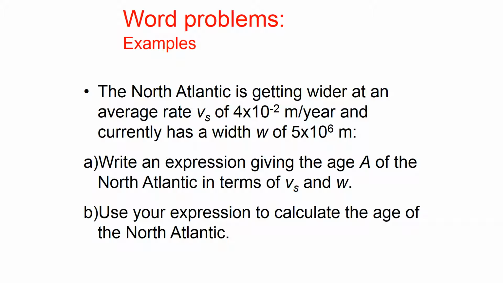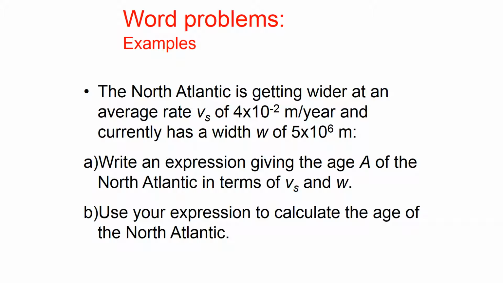Then we can plug in our numbers. So we know the distance. Distance is W, so that is equal to 5 times 10 to the 6 over the rate, 4 times 10 to the minus 2. So that becomes quite a straightforward calculation.